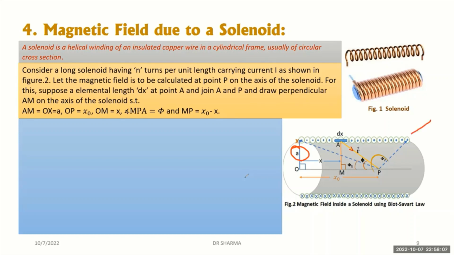Those signs represent the direction of current. This cross sign represents the current is into the plane of paper at that point, and those dot signs inside the circle represent current is out of the plane of paper at that point. So at the right end, the current is anticlockwise.